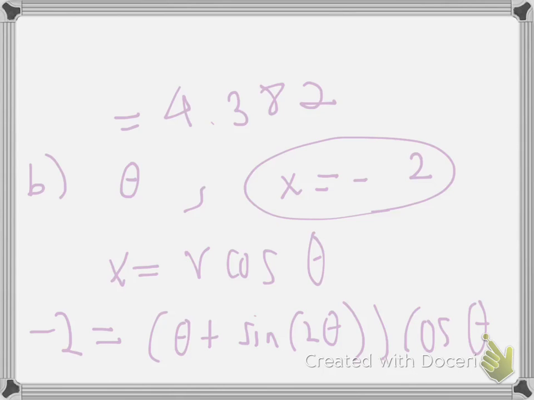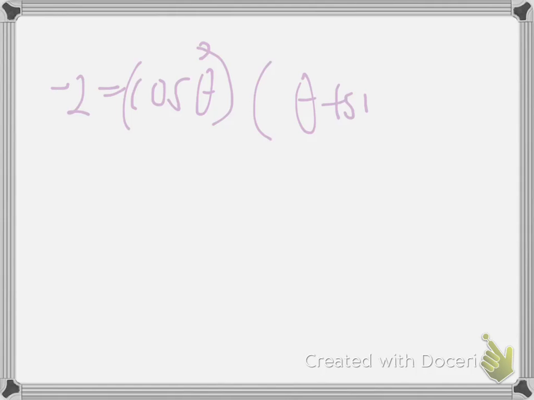So by knowing that, we can just multiply that out. So what I got is -2 equals cosine theta times (theta plus sine 2 theta). Actually, you can just leave it like this. So in this problem, it's easy to just plug this into your calculator so you can see where -2 lies.